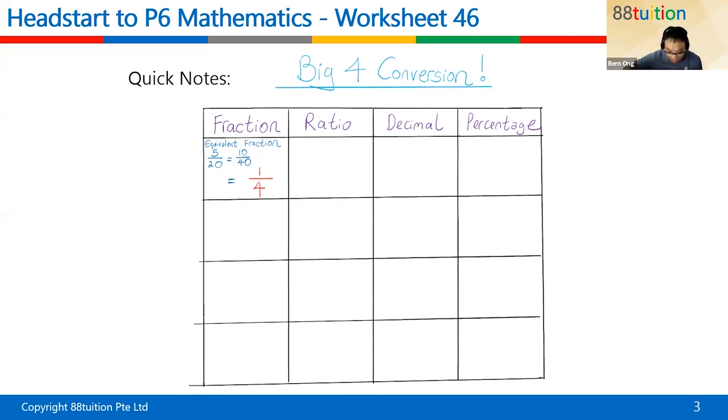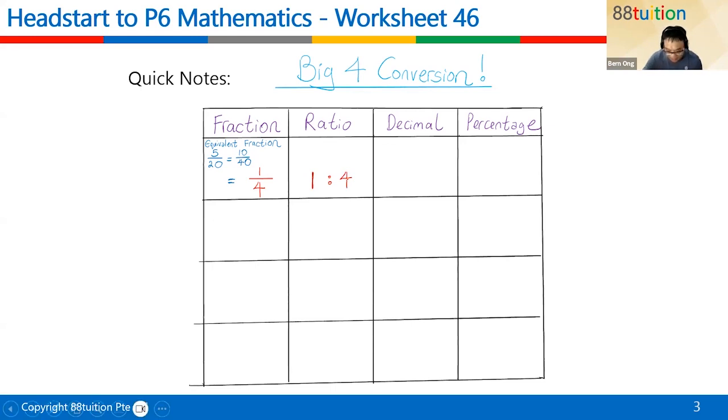As you can see, a fraction presentation is from top to bottom. It's on top and below. What is a ratio? A ratio is a presentation from left to right. So we present it as 1:4.